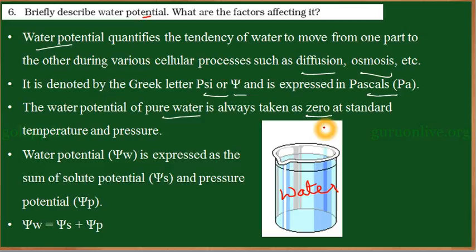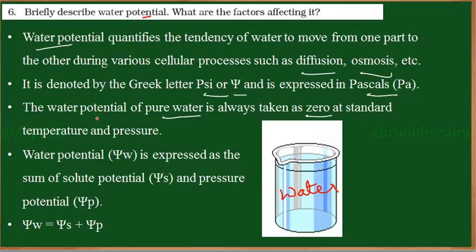There is no closed system, so it is an open system, and hence there is no pressure also. So when solutes are not present and there is no pressure, the water potential will be more. So pure water has the highest water potential, and its value is taken to be 0. This is at standard temperature and pressure.